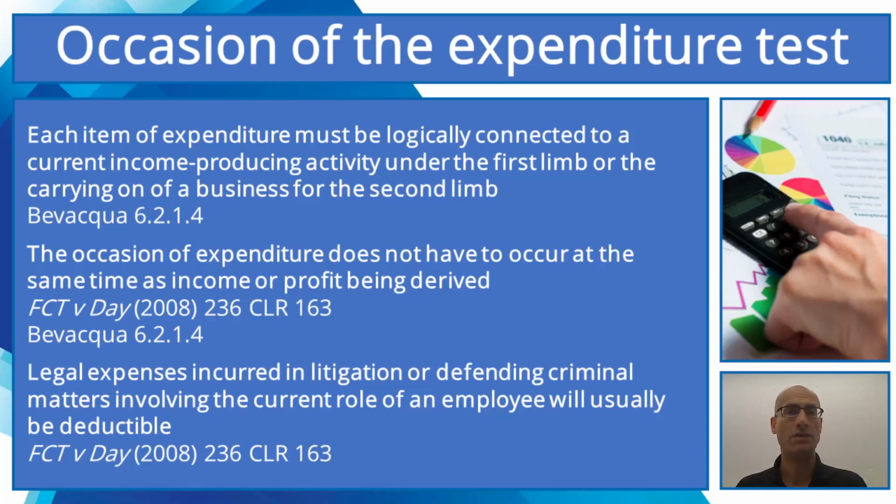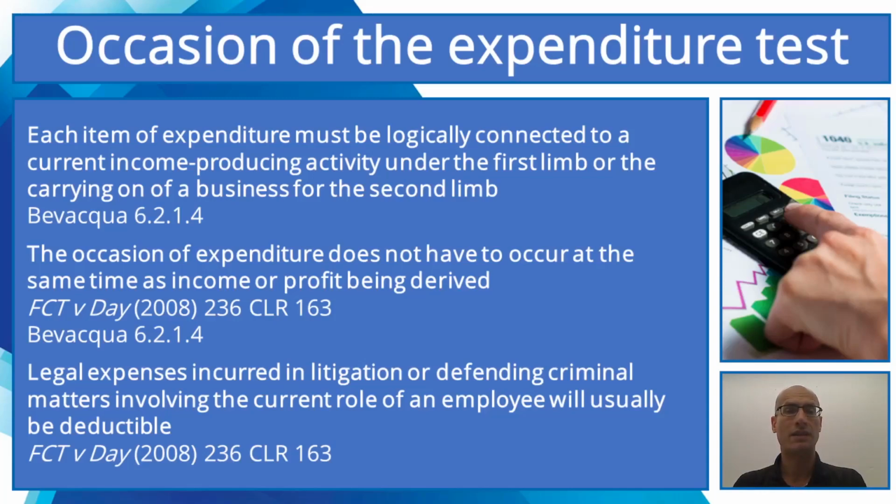Now, in those sort of situations where you've got a criminal matter, for example, this outlay is going to impact potentially the person's current role, but it's certainly in regards to defending oneself in the criminal sense and finding oneself not guilty of criminal offences is going to impact future roles the person would have.